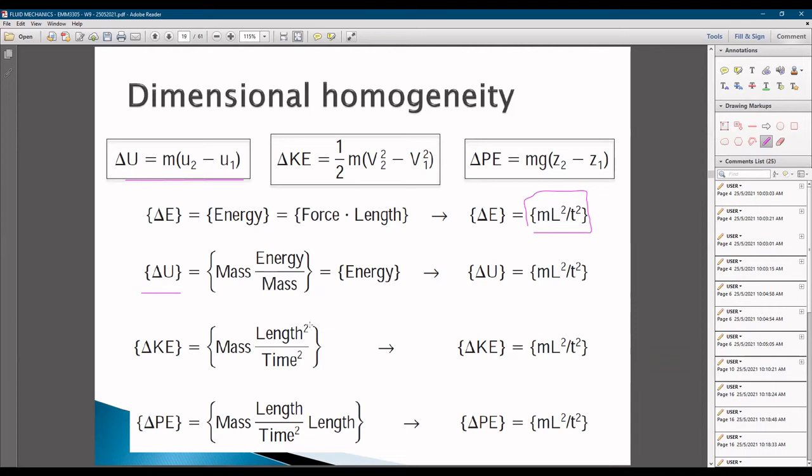So that's why you have a square here. And the last one is your potential energy, where you are dealing with mass, and here is the acceleration, more specifically the gravitational acceleration. And the last term here is actually the height or the length. From here you can see that they have the same units or dimension at the end of it, right?